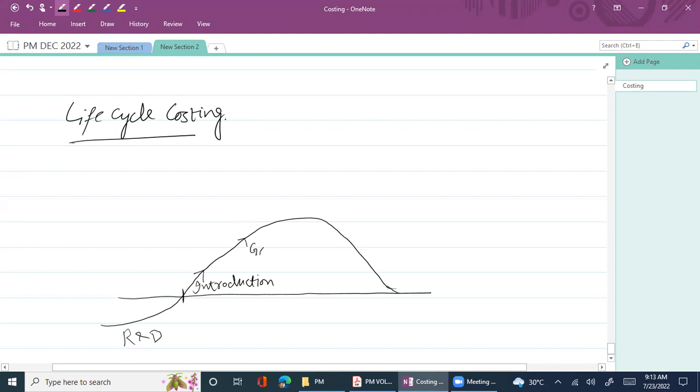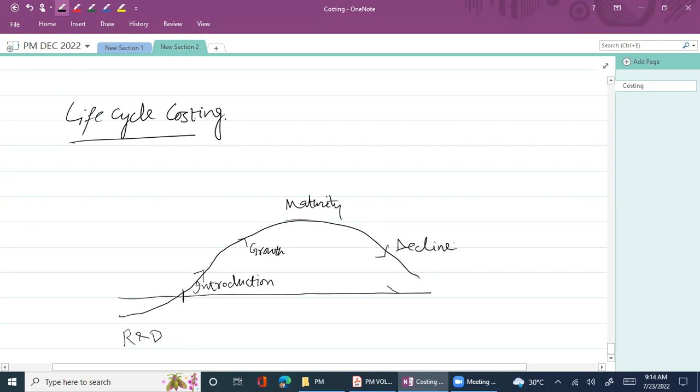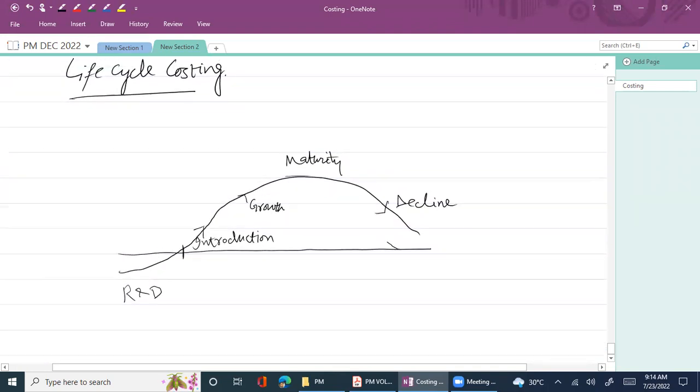Then there is some growth in the product sales. Then there is maturity, where there is maximum sales, and after maturity there is a decline. So basically 5 stages are involved in a product's life cycle, or we can say that the life cycle consists of 5 phases: research and development, introduction, growth, maturity, and decline.